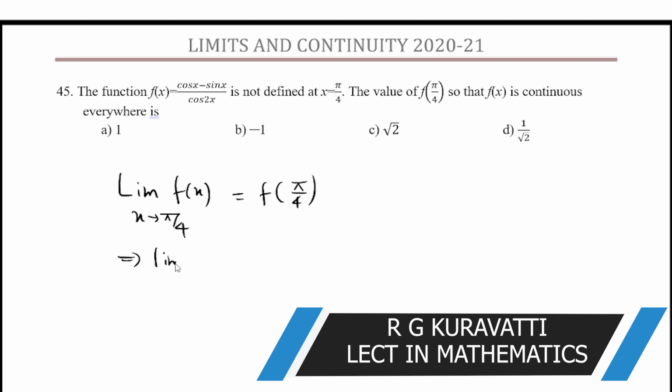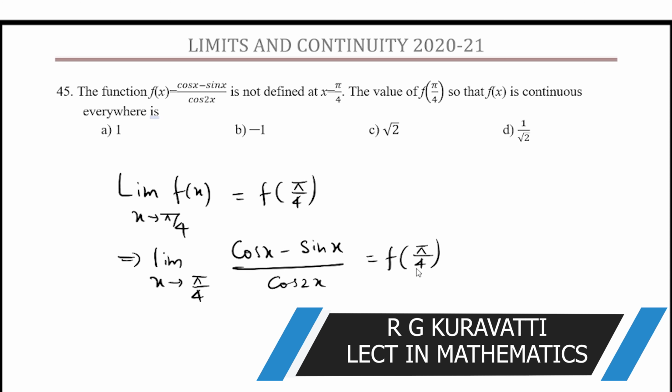This implies limit x tends to pi by 4, what is f of x value? Cos x minus sin x divided by cos 2x is equal to f of pi by 4. Now put x equal to pi by 4. It is in the form indeterminate 0 by 0.